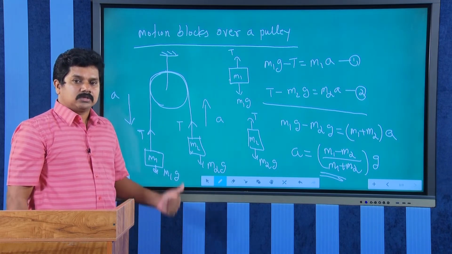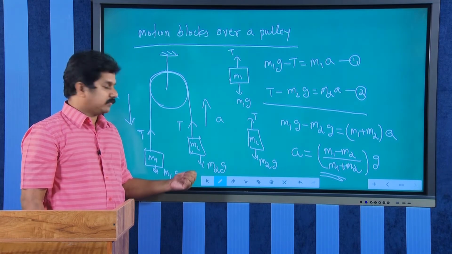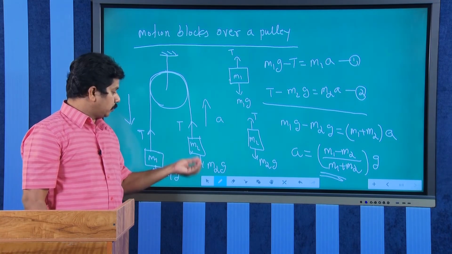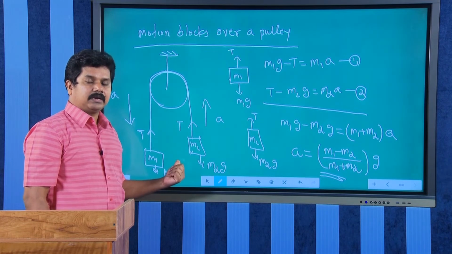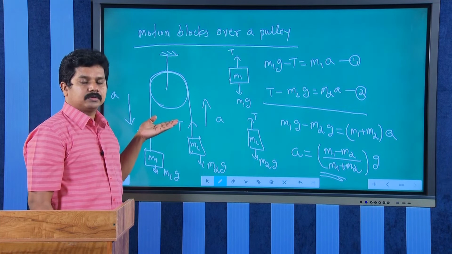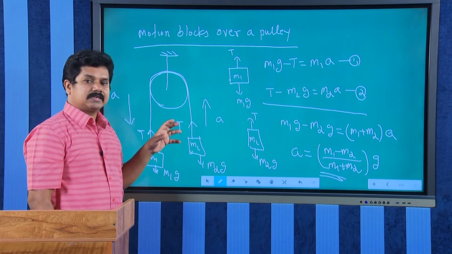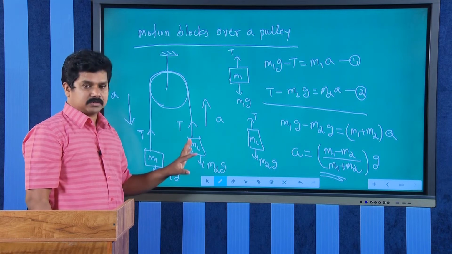Okay. So, here we assumed that m1 is greater than m2. If it is the other way around, m2 is greater than m1, what will happen? m2 will move down, m1 will move up. The magnitude of the acceleration will be same, direction will be just opposite.